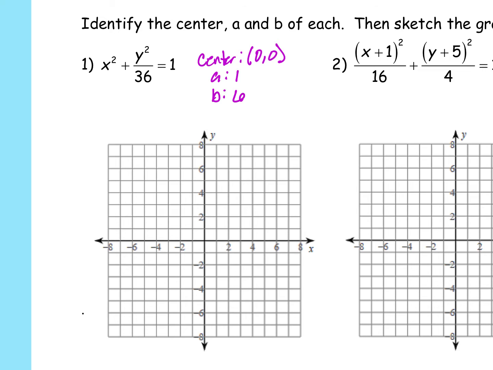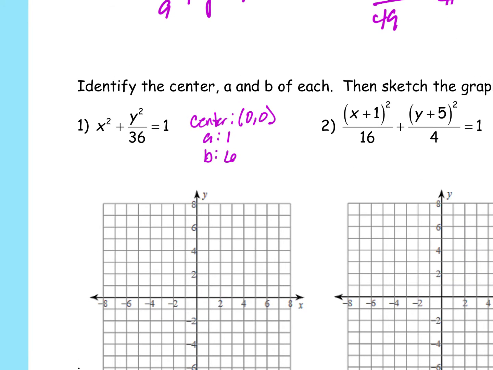Any questions on why we got those numbers? On how we found the center? My equation says (x minus h) squared over a squared plus (y minus k) squared over b squared equals 1. So am I adding anything to x or y here?